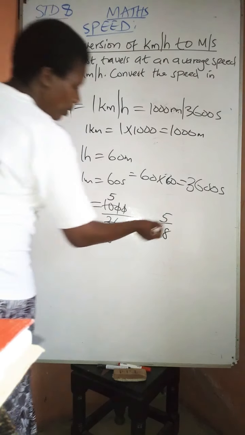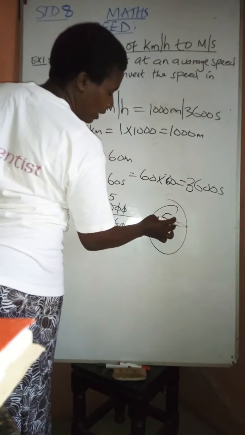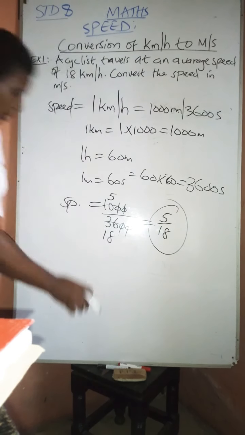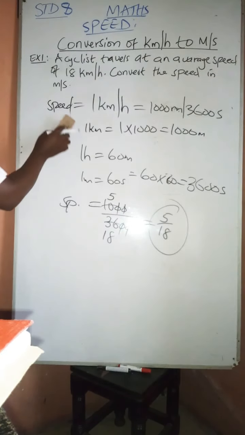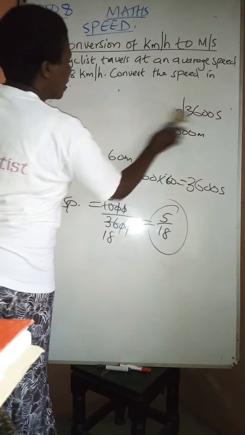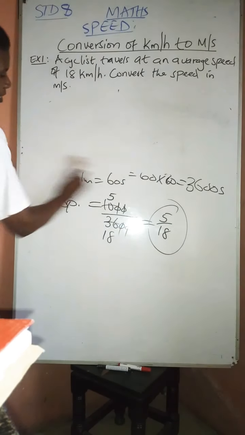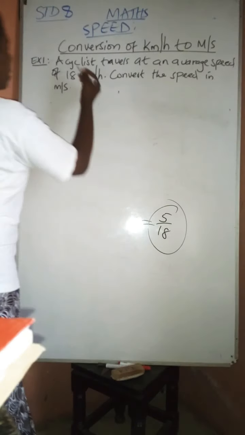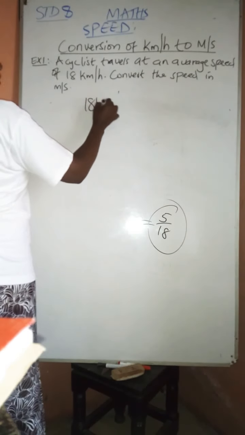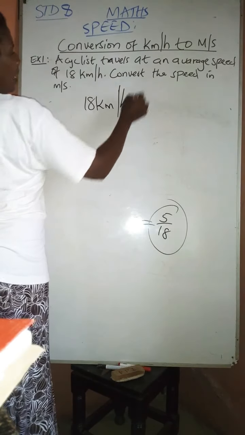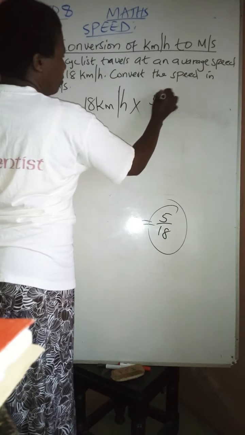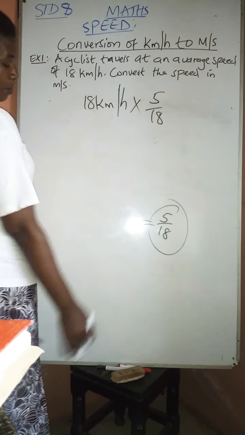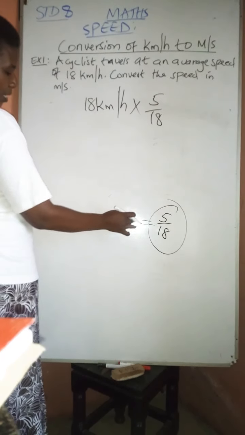Now, we are going to be using this 5/18 in our working, such that when you are given any sum and required to change into meters per second, you simply take the speed given. In this case, we have 18 kilometers per hour, and multiply by 5/18. How do we come up with this? We have seen the procedure.